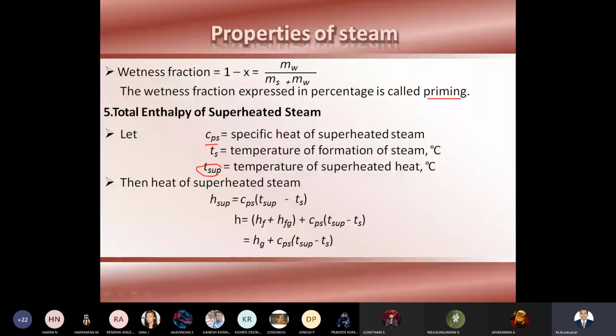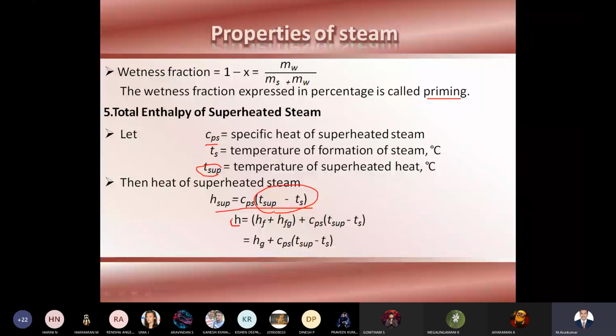It will be in degrees Celsius. Then we can calculate the heat of superheated steam with this equation: h is equal to Cp delta T. So h superheated can be calculated as Cps times the change in temperature, that is superheated temperature minus saturated temperature.